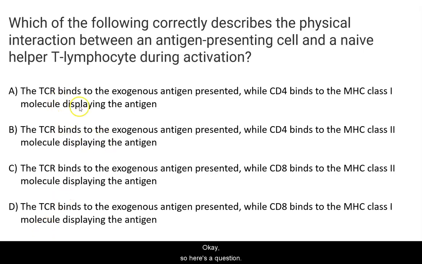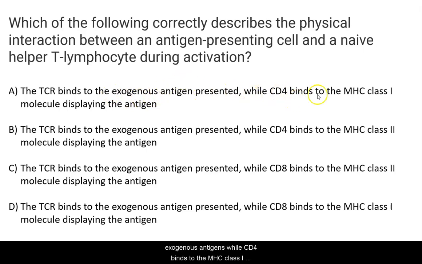Okay, so here's a question. Which of the following correctly describes the physical interaction between an antigen-presenting cell and a naive helper T cell during activation? A. The T cell receptor binds to the exogenous antigen presented, while CD4 binds to the MHC class 1 molecule displaying the antigen. Remember that the helper T cells are going to recognize exogenous antigens.